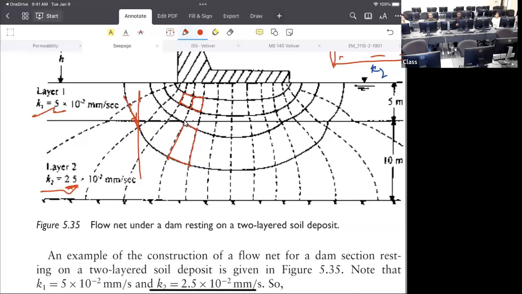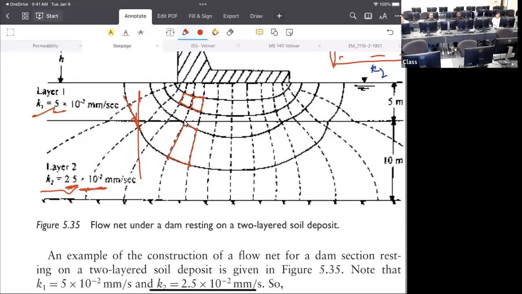Why is there a rectangle? Because within the same flow line, right here, the resistance is lower, right? Since the resistance is lower within the same path, you have less drop, less equipotential drop within the same length. So you are adjusting the equipotential drop.